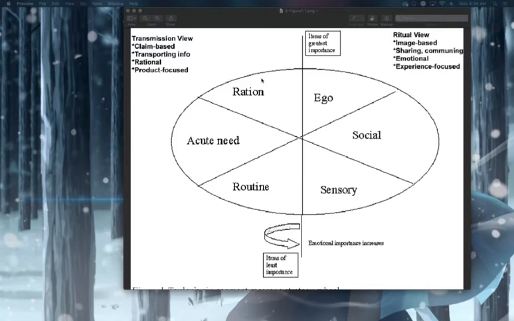The next one within the transmission view is what's called acute need, and that means I need it right now. And so you can think of some products that can be sold in the capacity that you can't wait to have this. You must have that. And creating need is somewhat difficult, but at the same time, you can think of products that you use very frequently that if you don't have, it's not a good thing.